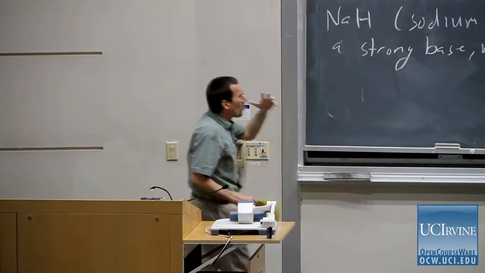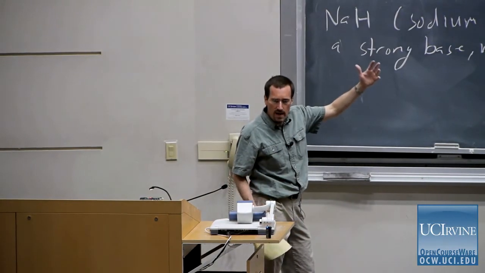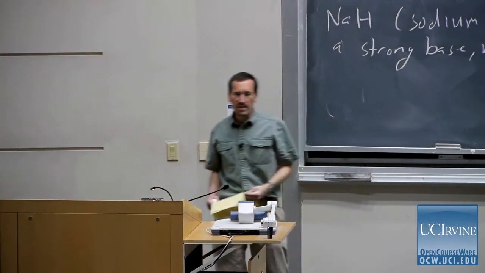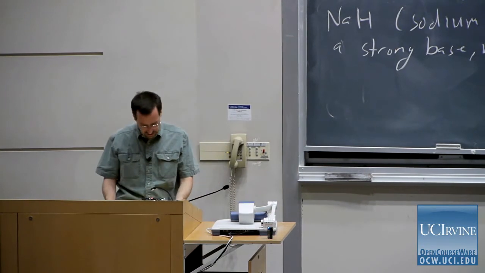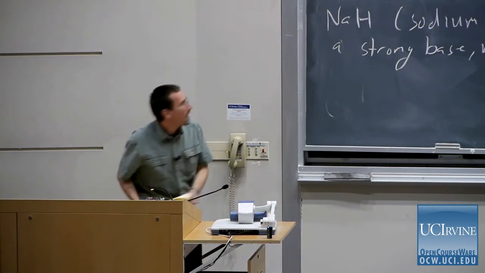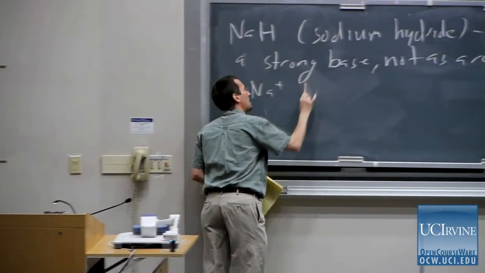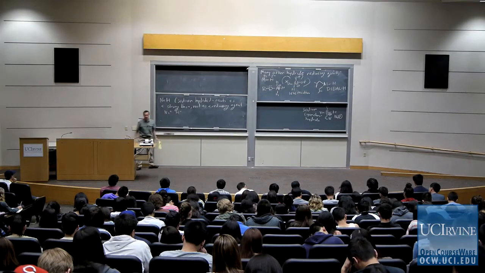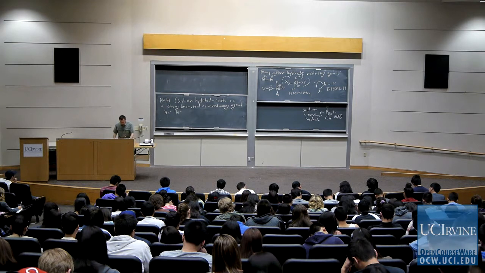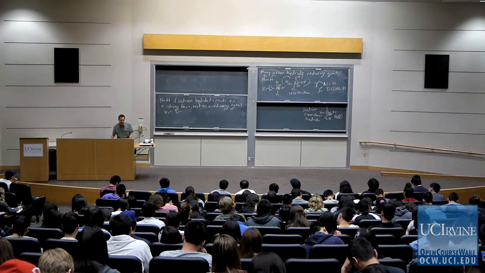Sodium is even more electropositive than aluminum. Its electronegativity is about 0.9. And so sodium hydride is actually an ionic compound, and it's pretty darn insoluble in organic solvents.